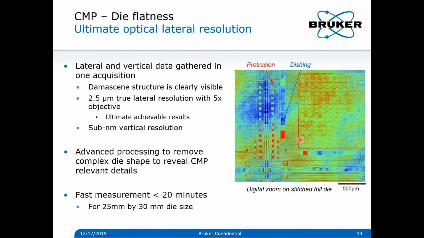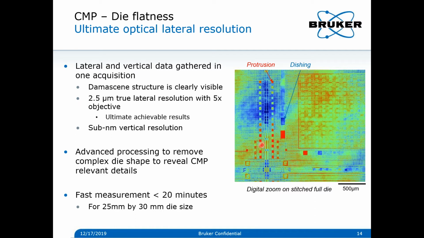We also notice there is a grid pattern which corresponds to the Damascene structure, which helps to fill in the region with fewer density of devices and makes sure that the CMP process gets a more regular erosion.